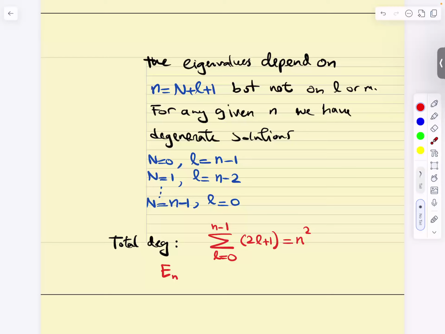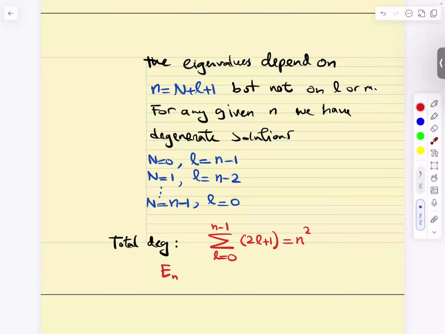How many states with this L are there? One? Any other guesses? No, I fixed capital N, so here's what I'm doing.